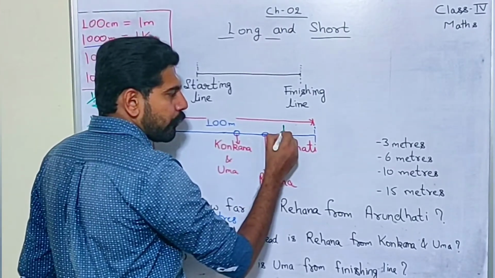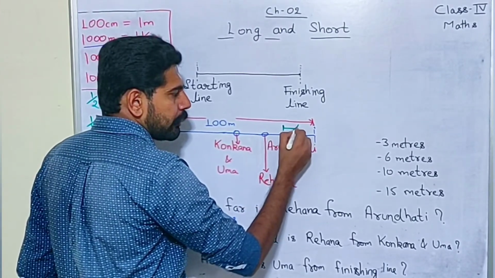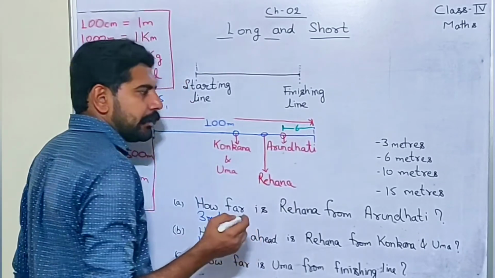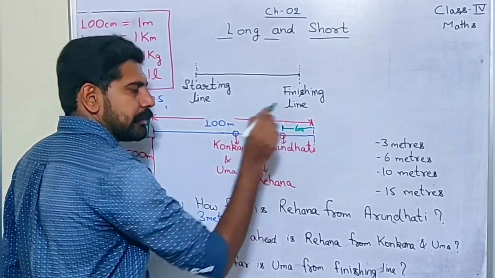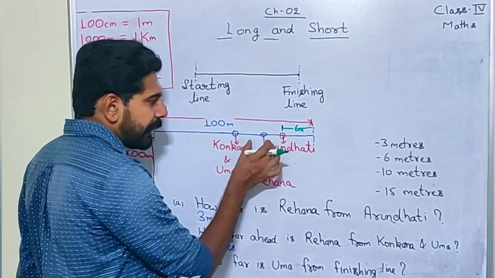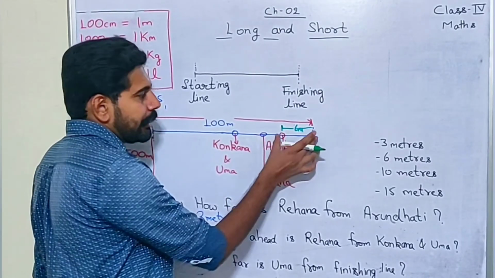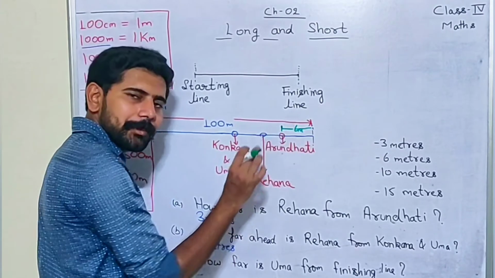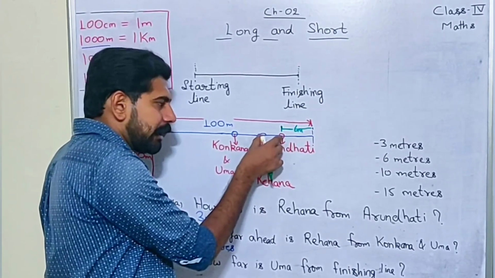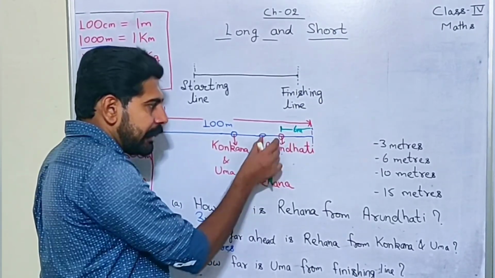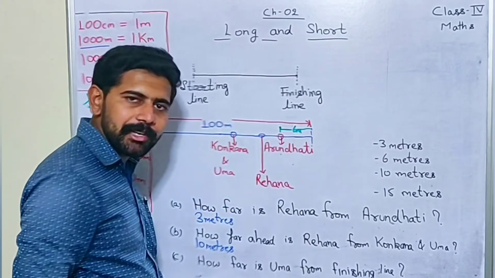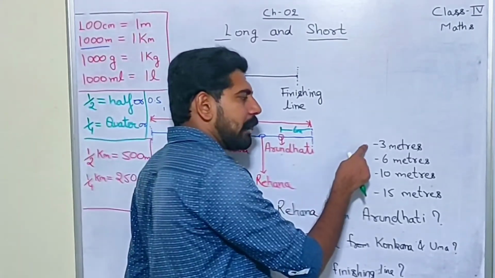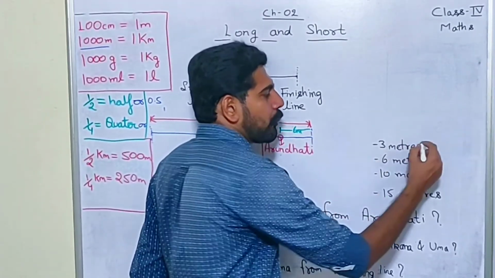We know from here to here the length is 6 meters, but on comparison this part is less than this part. That means the difference between Arundhati and Rehana must be less than 6 meters, and we have to give the answer from these 4 options.